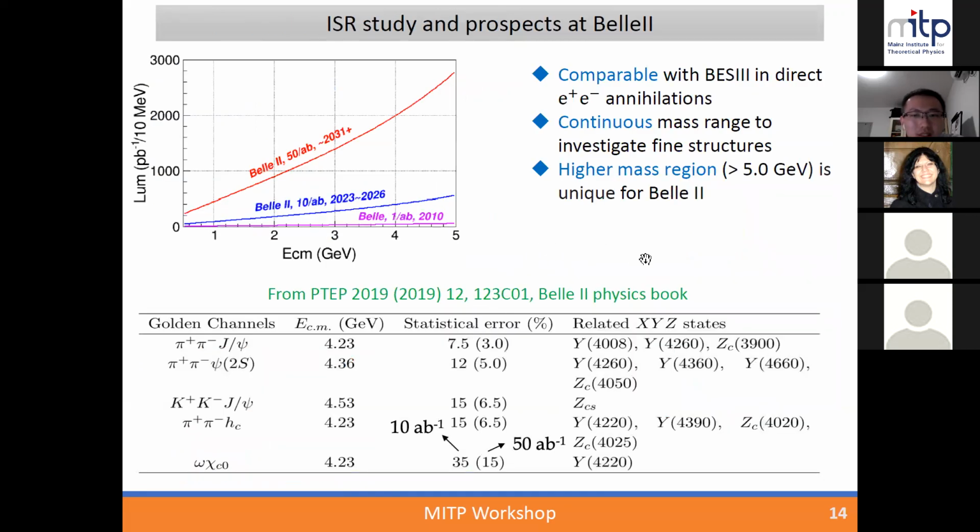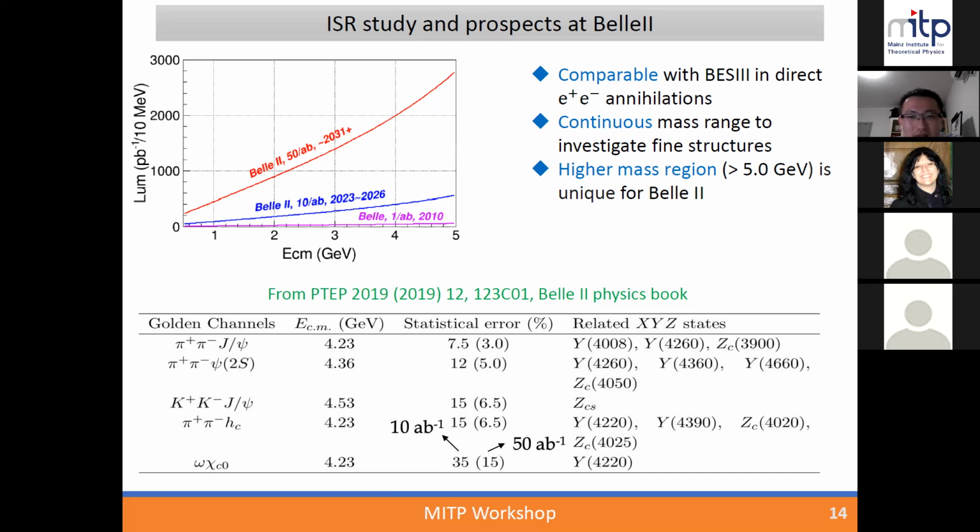Okay, so in slide number 14, a short introduction about the ISR study and prospects at Belle II. Imagine if we have around 50 inverse attobarn of data collected by Belle II, then the ISR analysis at Belle II should be comparable with Belle, which collected data under direct e+e- conditions.